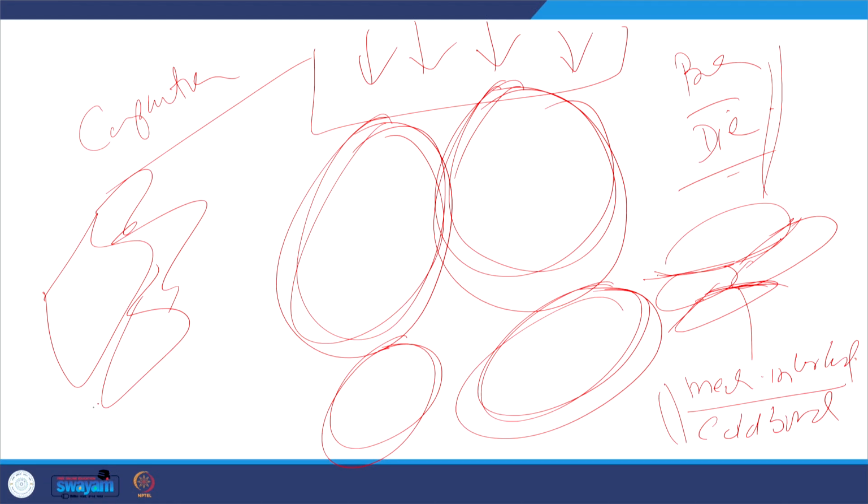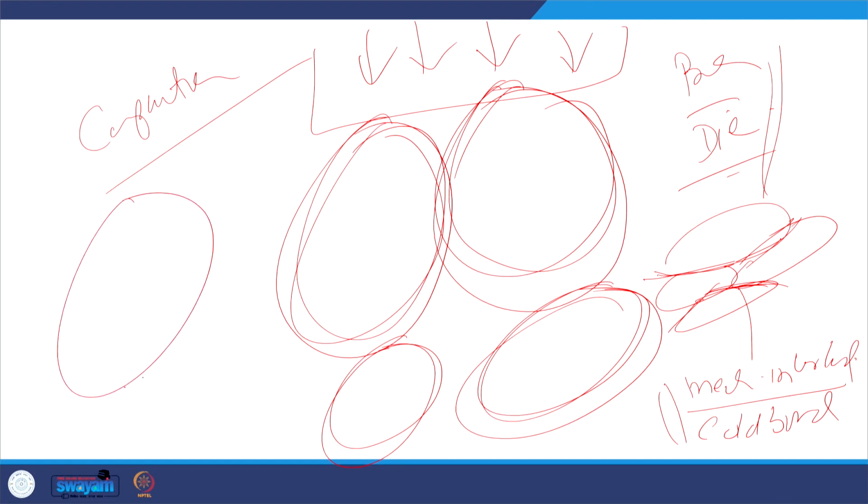If we have powder particles of larger size, it is easier to deform them as compared to small size particles. So, the material aspect is one: soft materials will certainly need lesser pressure to cause the plastic deformation of the powder particles and facilitate the mechanical interlocking and cold bonding.